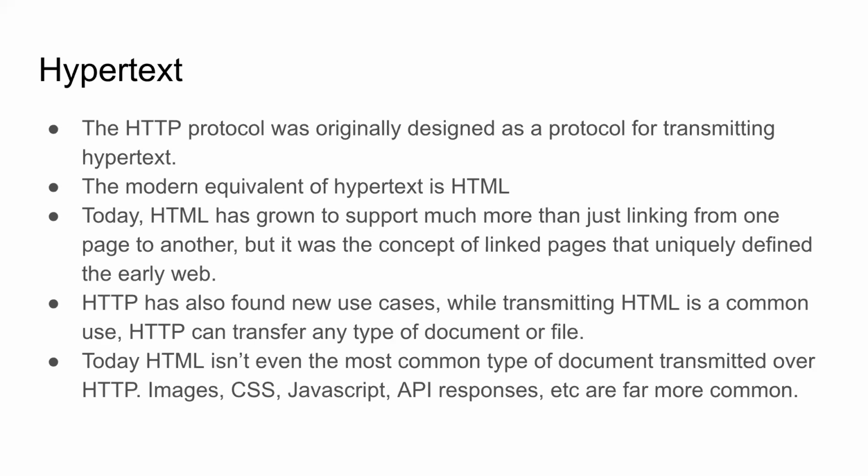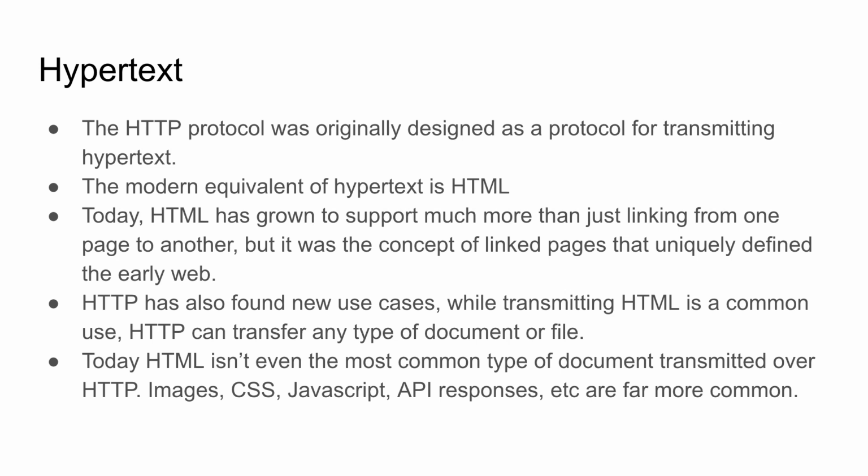Can somebody take a stab at this slide and go ahead and read through it, please? Yeah, I'll go ahead and do it. The HTTP protocol was originally designed as a protocol for transmitting hypertext. The modern equivalent of hypertext is HTML. Today, HTML has grown to support much more than just linking from one page to another, but it was the concept of linked pages that uniquely defined the early web.